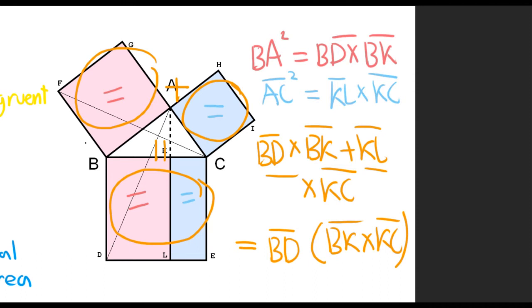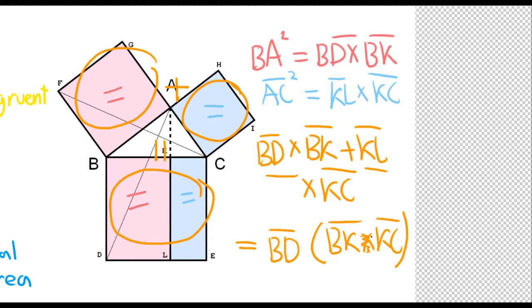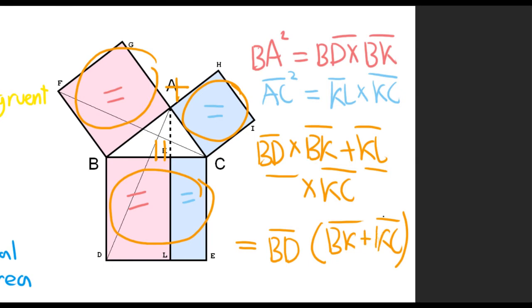And since BK times KC, oh, plus KC, I'm sorry guys, it's just a problem I have. Plus KC, you guys are probably shouting at the screen, plus KC equals the side BC.